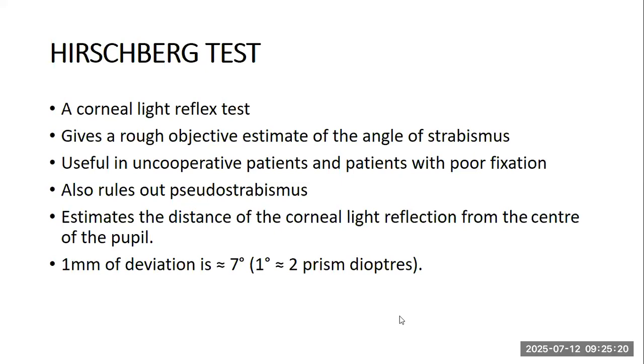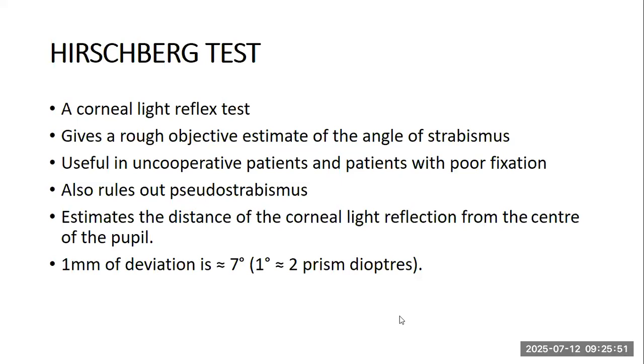So it estimates the distance of the corneal light reflection from the center of the pupil. The normal pupil size is between 3 and 4 millimeters. For the purpose of the Hirschberg test, we're assuming that the normal pupil size is 4 millimeters. So if the normal corneal reflex is supposed to be centered, and it is decentered towards the pupillary margin, it means it's about 2 millimeters away from the center.